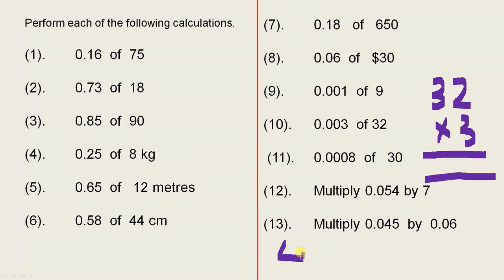So start off, just multiply 45 times 6. That's all you have to do. Get that answer, and then just put the decimal point in the position where you have 5 digits after the decimal point in the answer, and the clue is use as many zeros as you need.